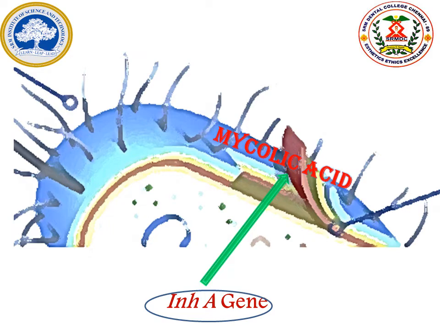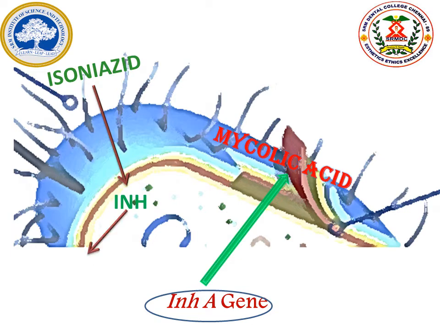When we introduce our first line drug isoniazid, it enters the Mycobacterium tuberculosis by passive diffusion. After entering, INH is converted by an enzyme called catalase peroxidase, encoded by the KATG gene, into its active metabolite.